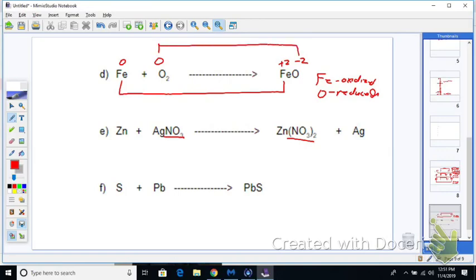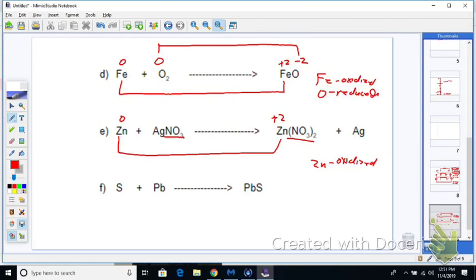Zero to a minus 2, gained 2 electrons. 0 to a plus 2, lost those 2 electrons. Zinc goes from a 0 to a plus 2. So what is that? Zinc is what? Oxidized or reduced? Oxidized.